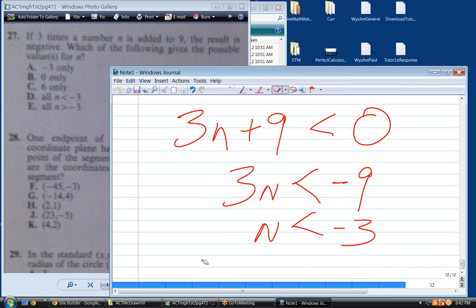At no point did I have to do that. I subtracted 9, that doesn't matter. It's only when you multiply or divide by a negative number that you have to switch the direction. Every step here was, that's fine, that's fine, that's fine. So n has to be less than -3. Which answer? D. Okay.